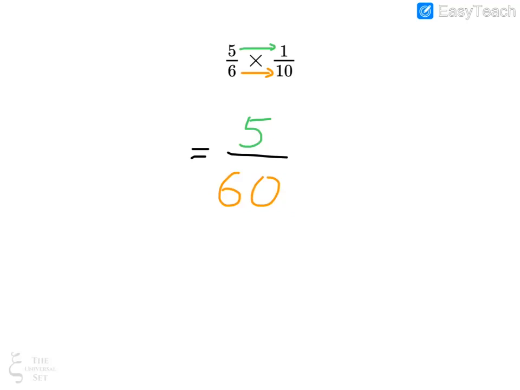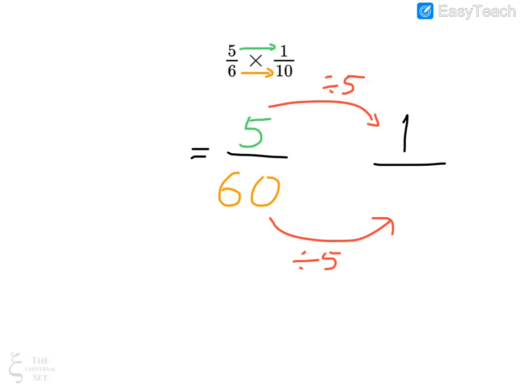What times table are 5 and 60 both in? Well, 60 ends in a 0, so it must be in the 5 times table, and 5 is also in the 5 times table. So we can divide by 5. Let's divide by 5 on the top. Let's divide by 5 on the bottom. And what will that give me? How many 5s make 5? 1 of them.